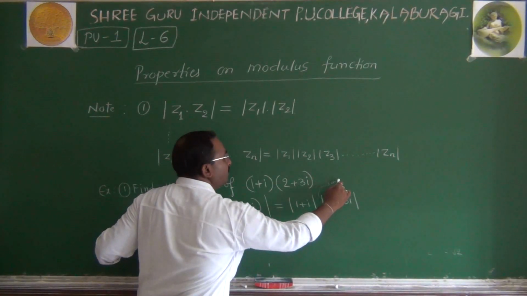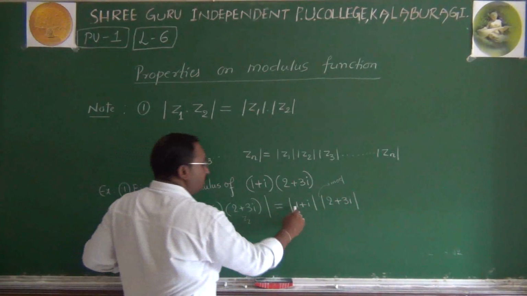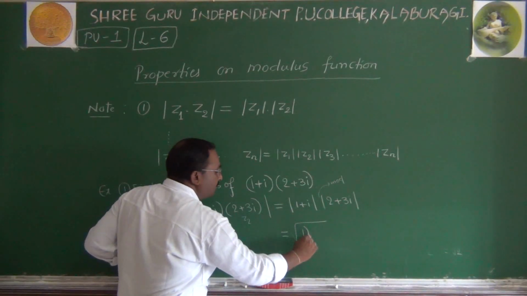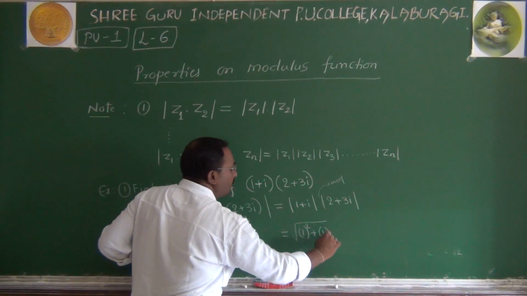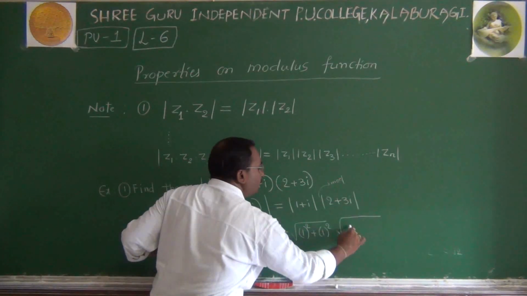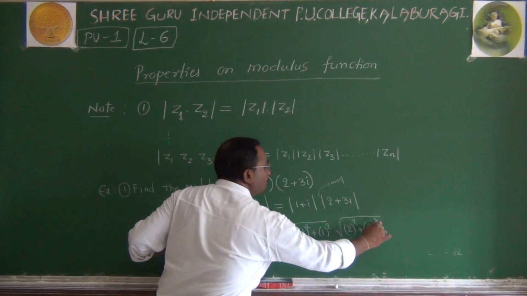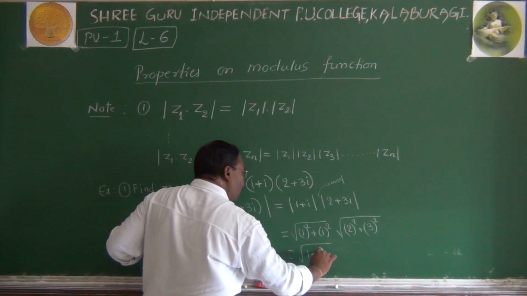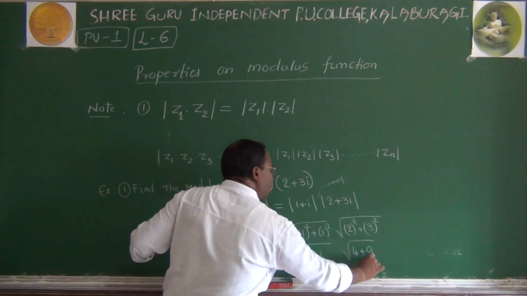This is the definition of modulus: square root of real part square plus imaginary part square. In the first, the real part is 1 and the imaginary part is 1. In the second, the real part is 2 and the imaginary part is 3. That is square root of 1 square is 1, 1 square is 1, 2 square is 4, 3 square is 9.